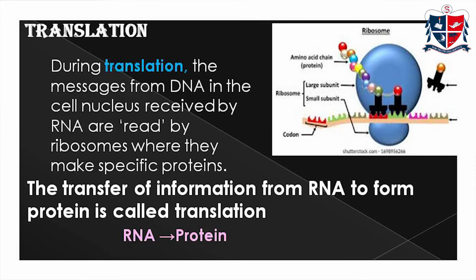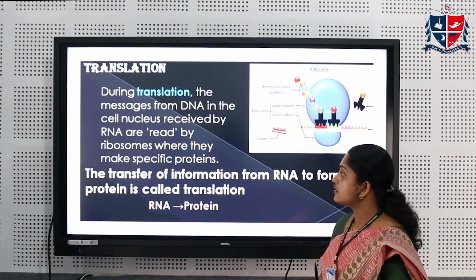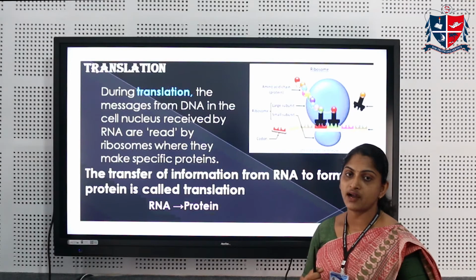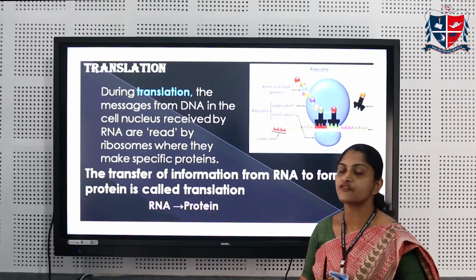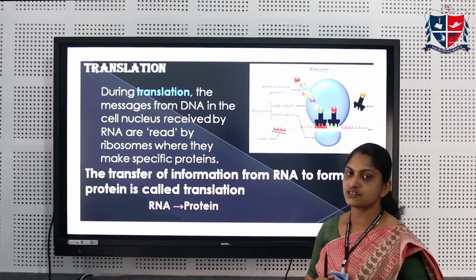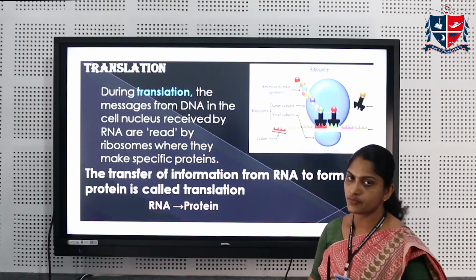So, the next part of central dogma is translation. During translation, the messages from DNA in the cell nucleus are received by the RNA and read by the ribosomes for the synthesis of protein. So we can say that translation is the transfer of information from RNA to form a functional protein.